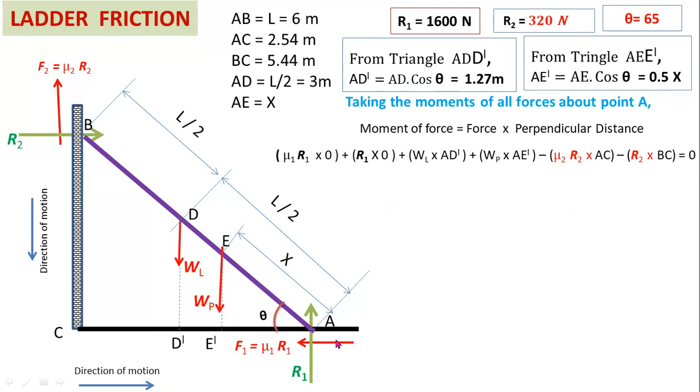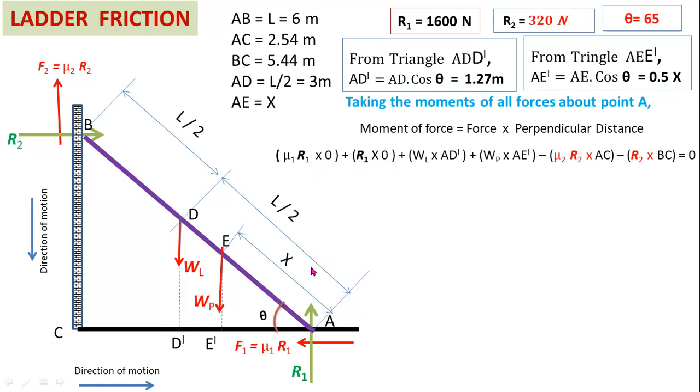Now taking moments about point A, F1 and R1, these two forces pass through point A, so there is no perpendicular distance. So mu1 R1 into 0 distance, R1 into 0 distance. The perpendicular distance is 0.